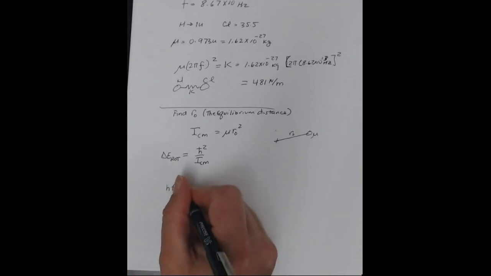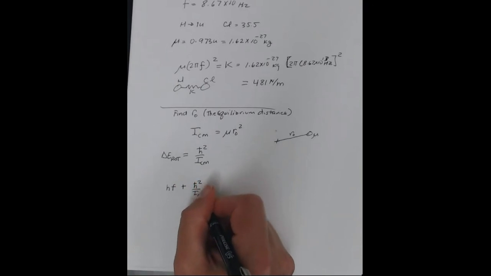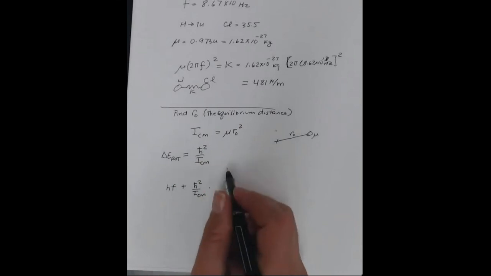h f plus h bar squared over I center of mass should be the total energy of that first line.